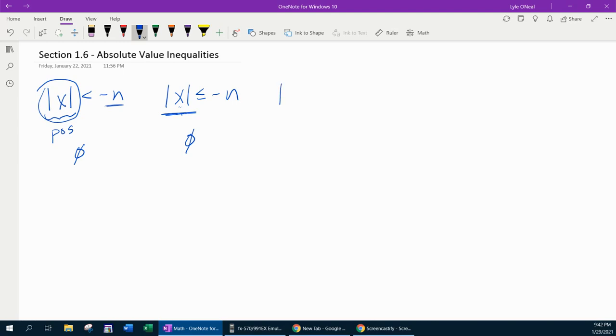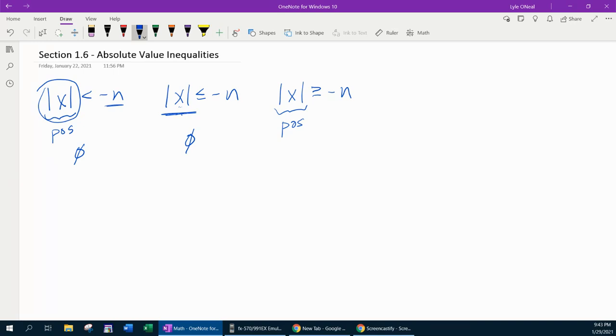Another couple of scenarios would be if you have the absolute value of x greater than or equal to a negative number. Here, remember, this quantity is going to be positive or at least zero. And if you think about this, are positive numbers greater than or equal to a negative number?